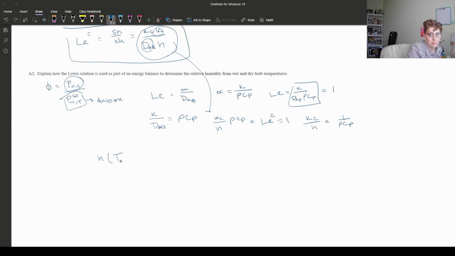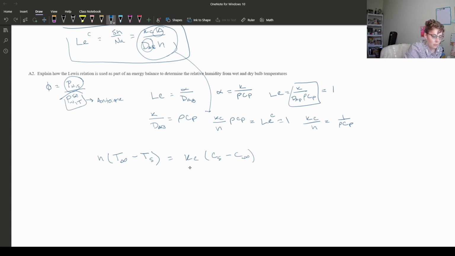In this case, the temperature of the environment is higher than the temperature at the surface of the bulb, so we are going to write them in this order. And then we also need to include the mass transfer, which is the mass transfer coefficient times the difference in the concentration at the surface minus the concentration in the environment, because that's going to be lower than the surface.